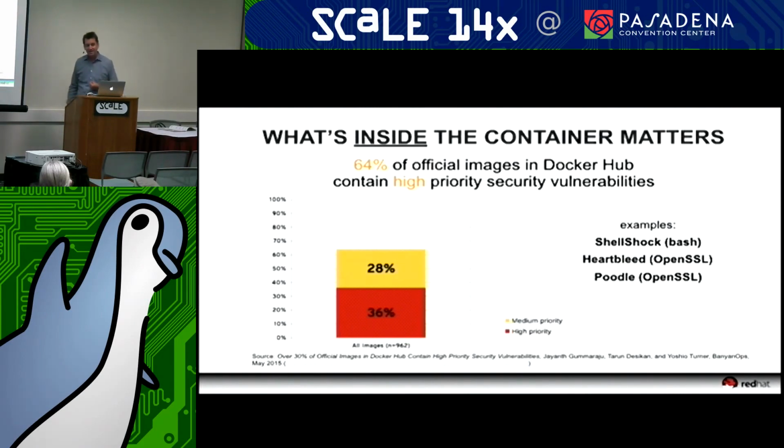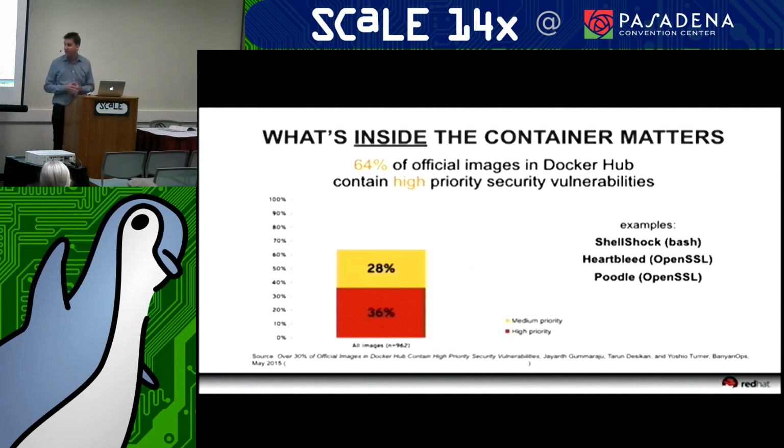And why does the container image matter? We did an analysis of the container images on the public repository, Docker Hub, where you can go and pull down images. Many of the developers in your enterprise are probably doing that. 36% of those images had a high priority security issue, such as Heartbleed or Shellshock. 28% had a medium priority.